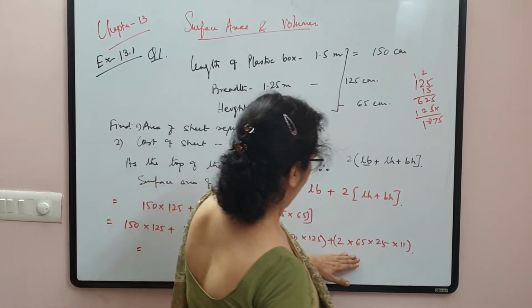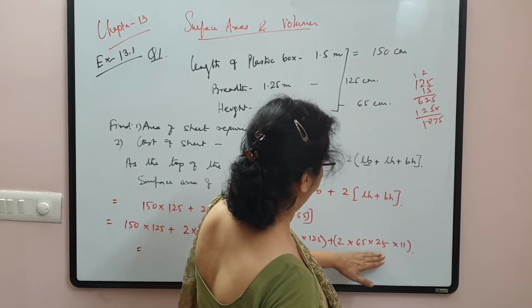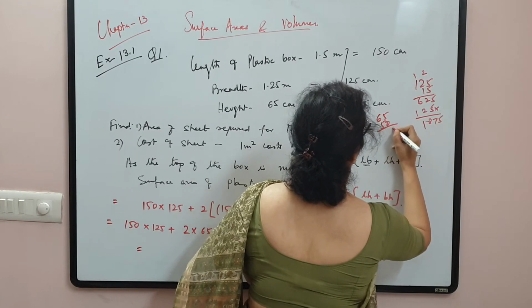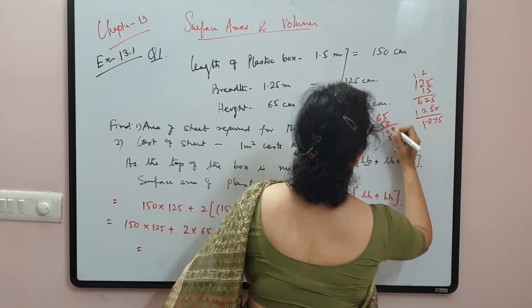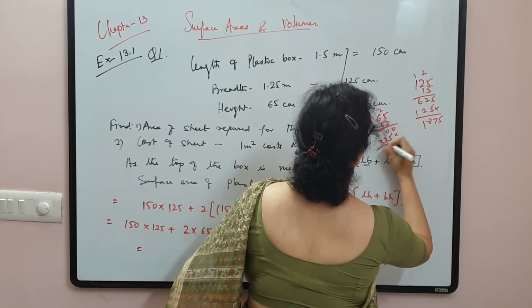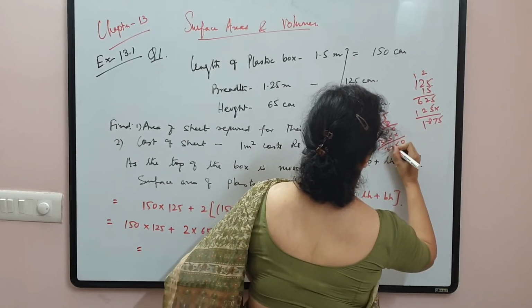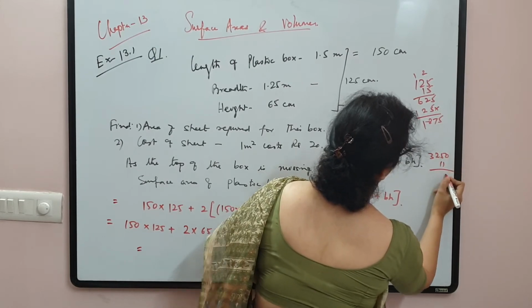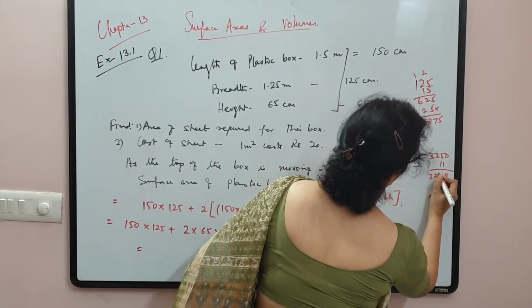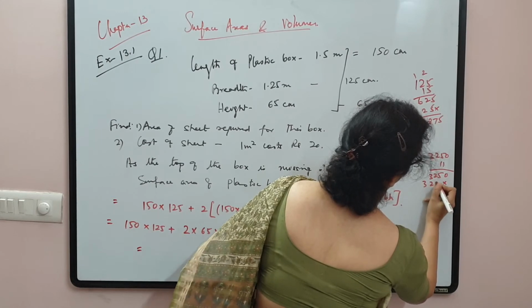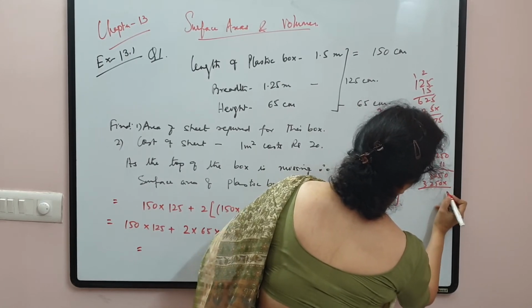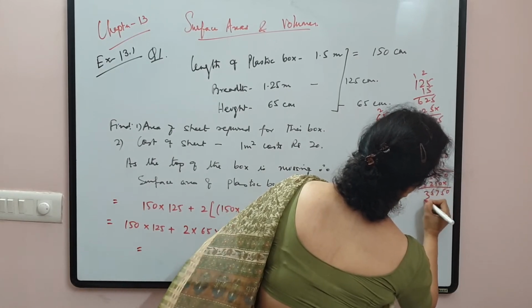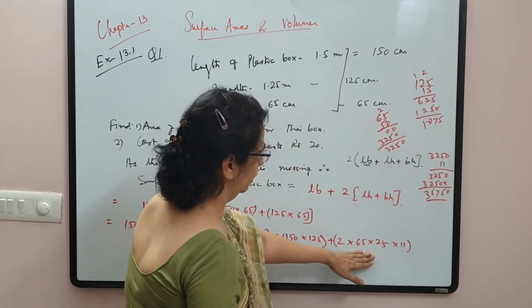Plus 2 into 25 is 50. 50 into 65. 35750.